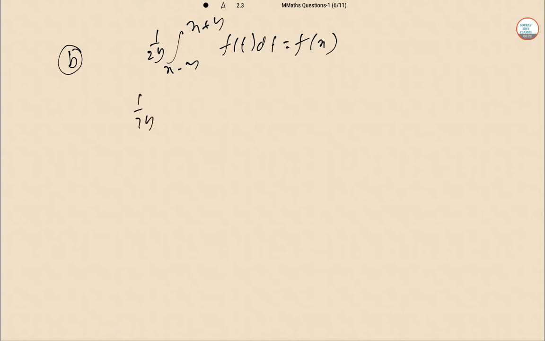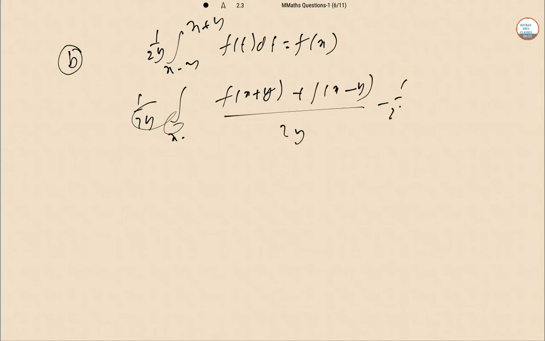So this is the identity, and differentiating with respect to y we get: f(x+y) + f(x-y) by 2y, minus 1 by 2y squared times the integral from x-y to x+y of f(t) dt, equal to 0.